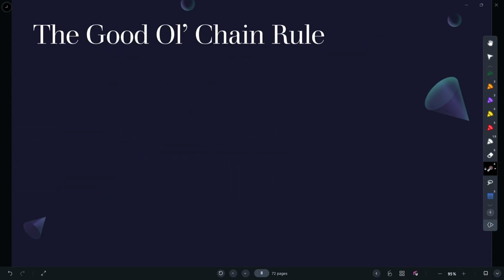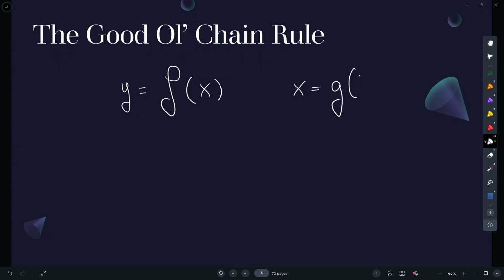So the good old chain rule, remember that I have a function f, and then I'm going to substitute x by some other function g of t. So what I end up getting, the composition of the two, is f of g of t.